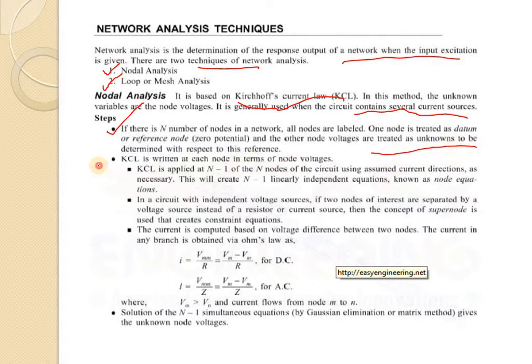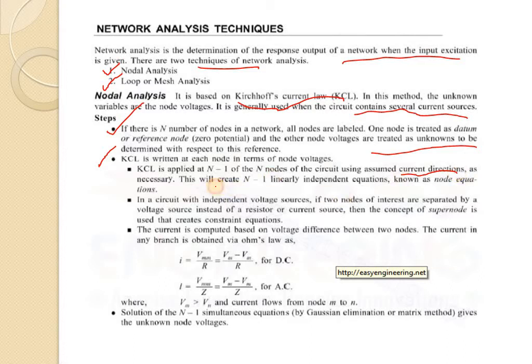KCL is written at each node in terms of node voltages. KCL is applied at n-1 nodes of the n nodes of the circuit using assumed current directions as necessary. With KCL, first we have to identify the current direction in the conventional way.